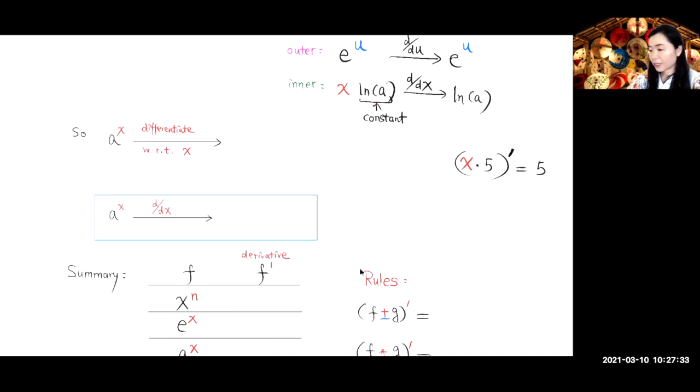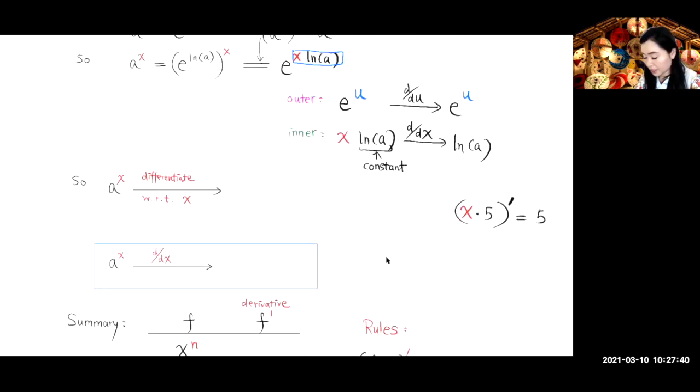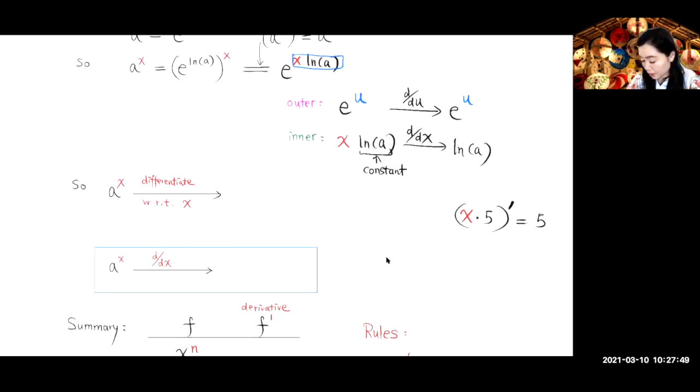So the derivative of a to the x will be this one times this one, according to the chain rule. So it will be e to the x ln a, and then times ln a. But I'm going to ask you, do you recognize this part right here?